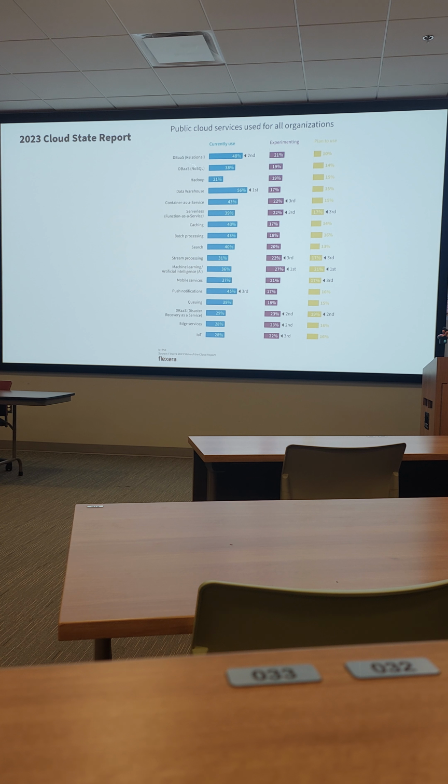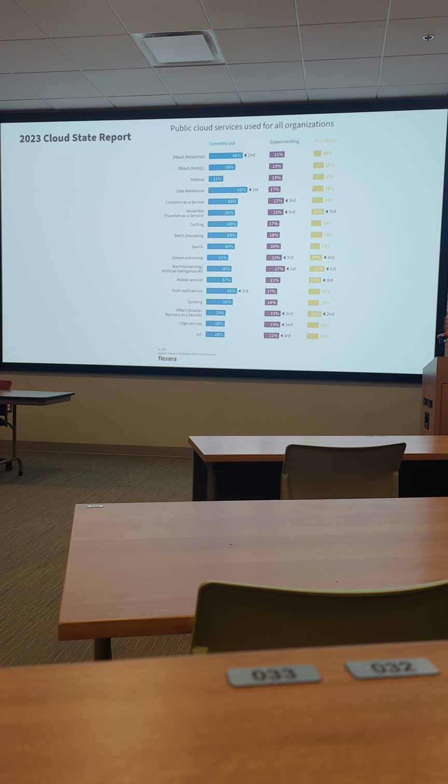what do they use? Platform, database, especially traditional relational database, is at the top. And then NoSQL, Hadoop, data analysis, data storage, that's what they use a lot. Container as a service, actually less on VM, more on container. We're going to talk later about what container means and how it is different from a virtual machine.